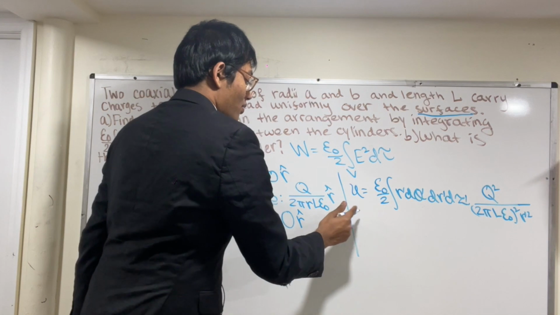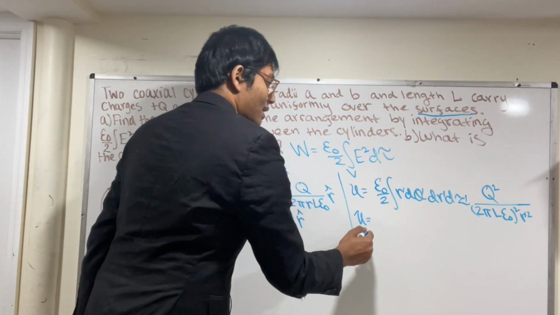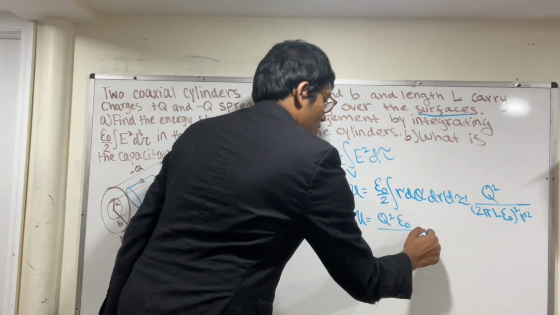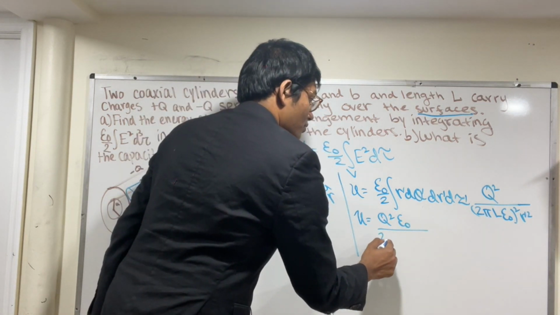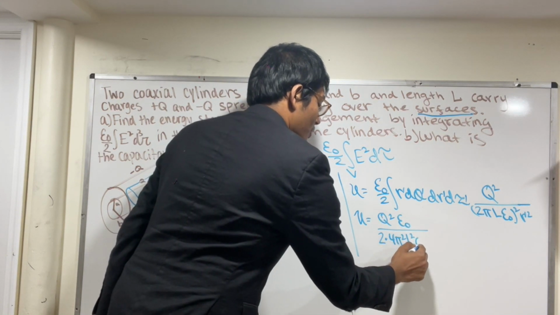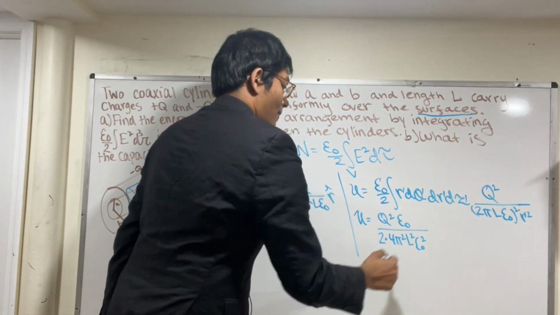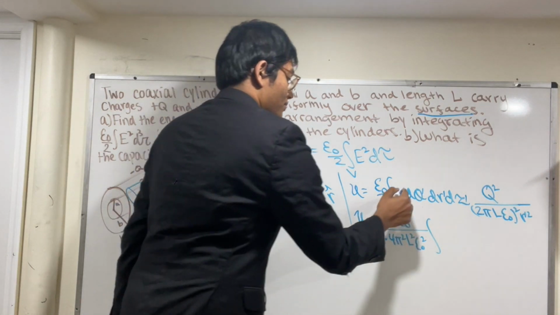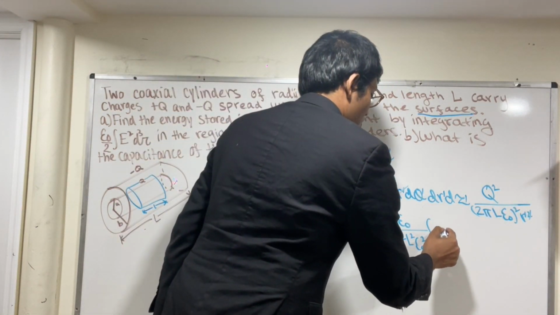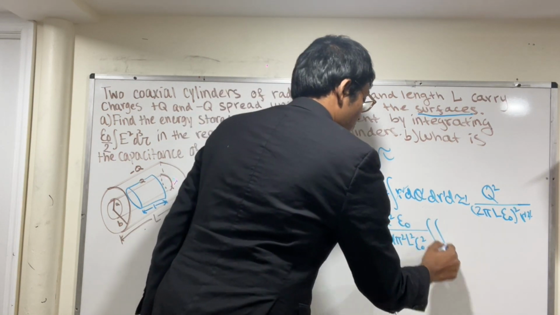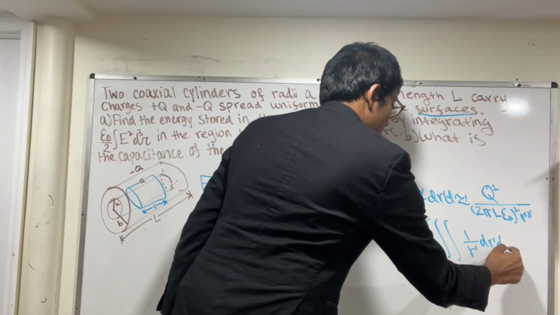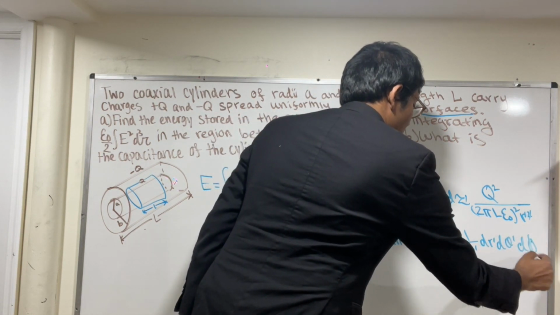Now let me bring all of my constants outside. So I'm going to have Q squared epsilon naught over 2 times 4 pi squared L squared epsilon naught squared, times the integral. r prime squared and r prime cancel out so that I simply have 1 over r prime, dr prime d theta prime dz prime.